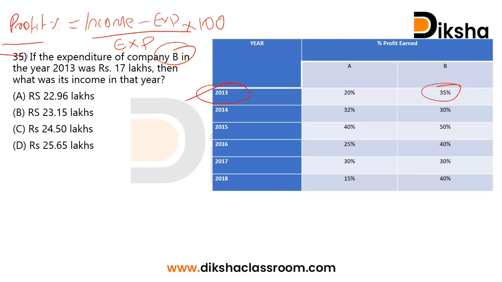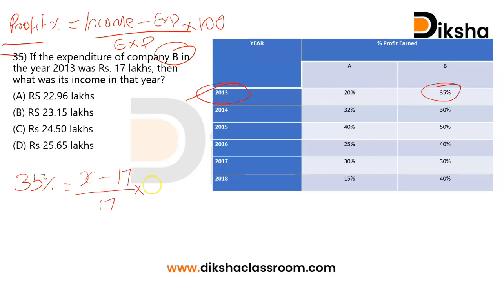Substituting in the equation, 35% equals, let's put the income as X, X minus expenditure 17 by 17 into 100.